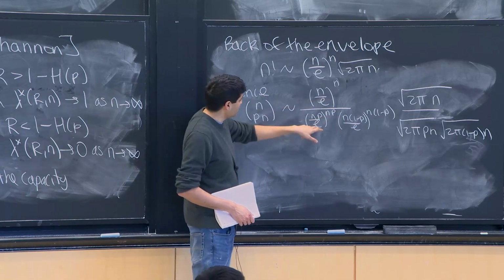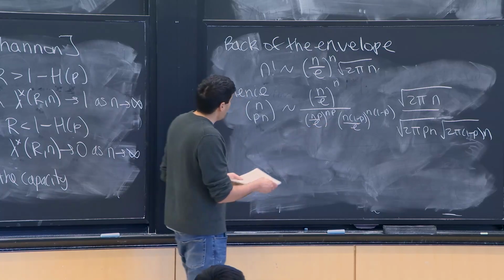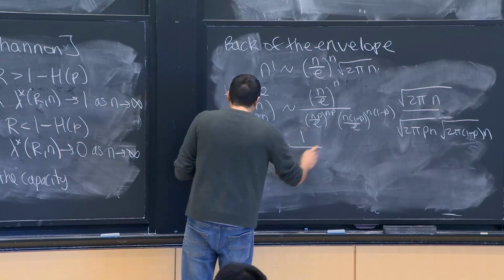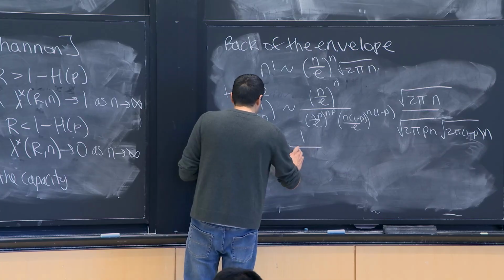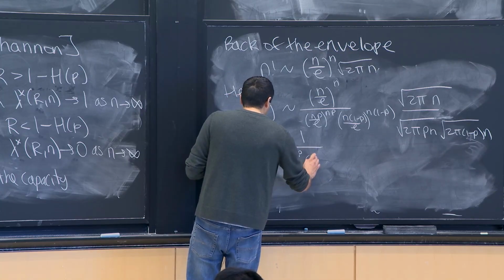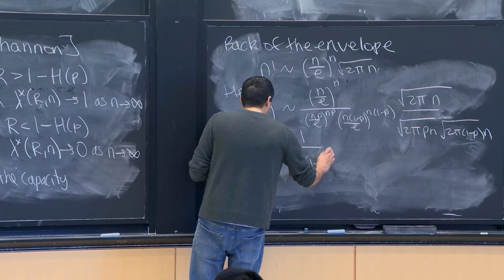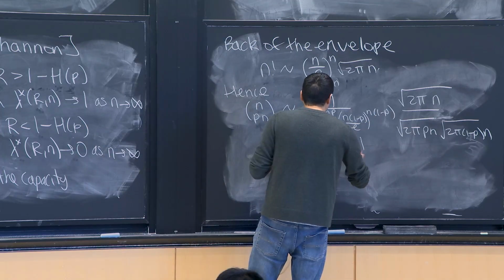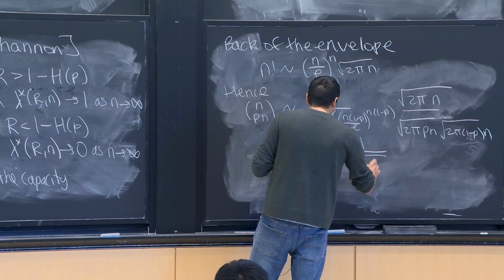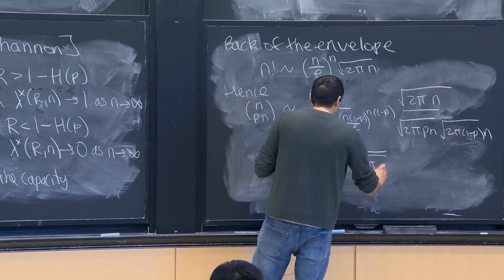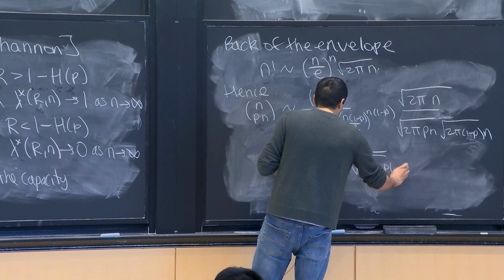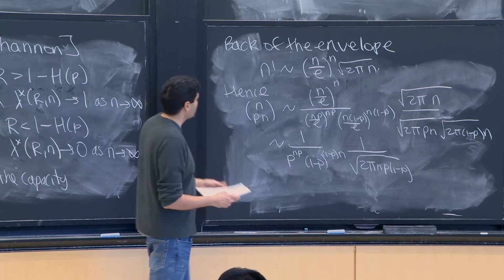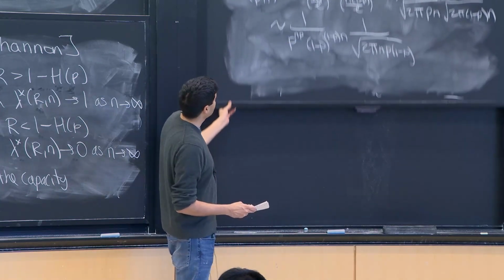This e to the n cancels with the e's down here. The only thing that'll be left over is 1 over p to the np times 1 minus p to the 1 minus p n. And then I can cancel a bunch of these expressions if I want to. This is square root 2 pi n p times 1 minus p. So just some algebra. Nothing fancy so far, right?